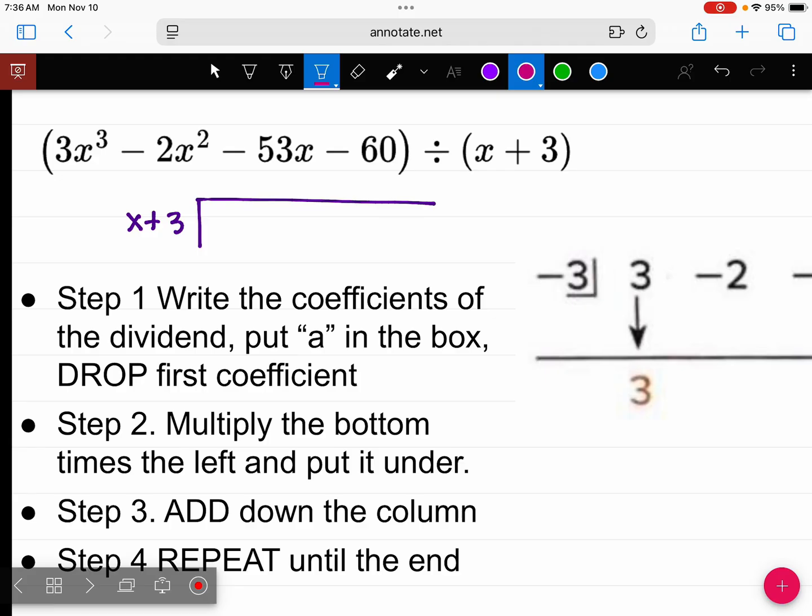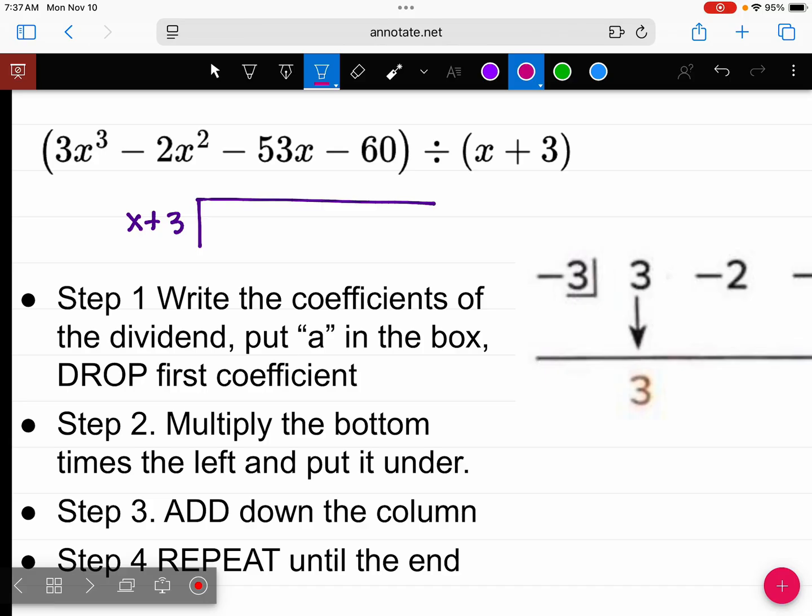So that means I can't skip x squared. Like if it didn't have an x squared, I have to put a 0 there. So I can't skip any terms. But I can do it without having to write the letters down. It's just putting the numbers in order. So we take all those coefficients, we line them up in order from our x's. And then this first coefficient is always going to drop.